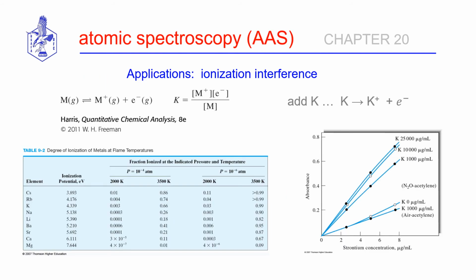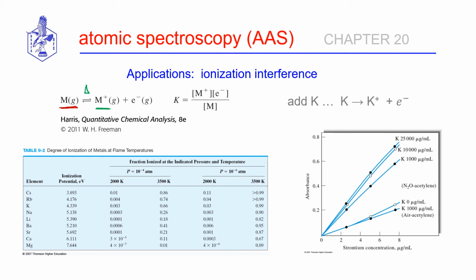Switching to one application issue, if we're doing atomic absorption spectroscopy, either using flame or furnace, there is the potential for ionization interferences. What is that? If M over here is my analyte species of interest, and my flame is too hot, some of my analyte species of interest might ionize.